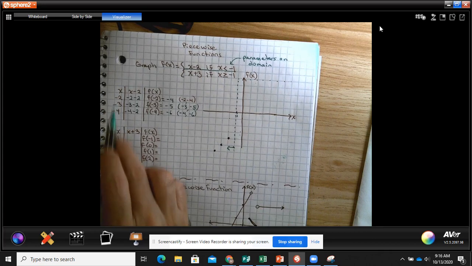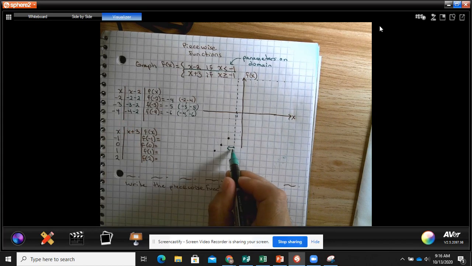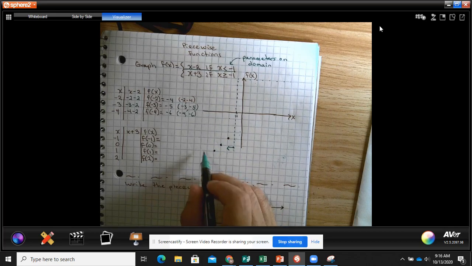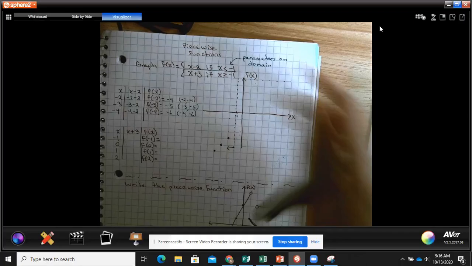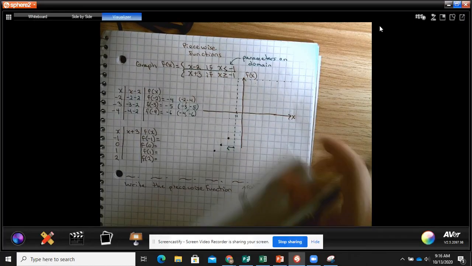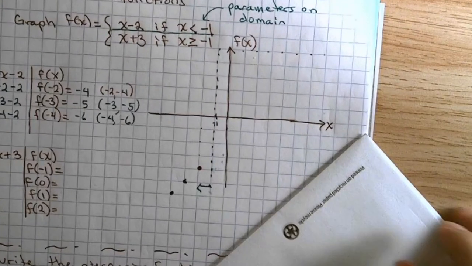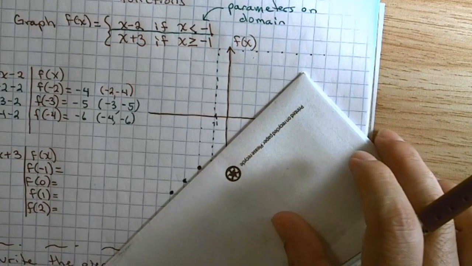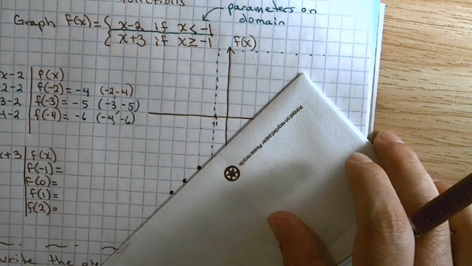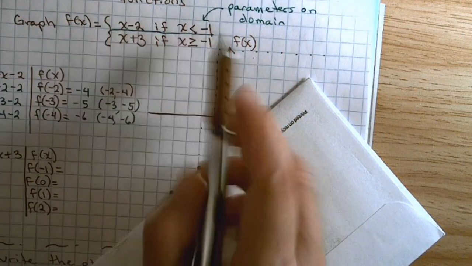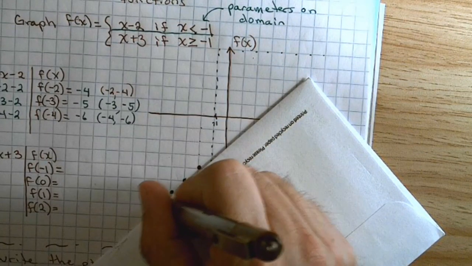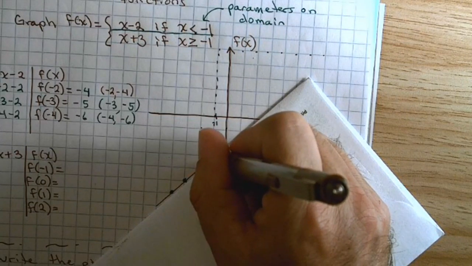What values could I have chosen? I could have even chosen fractions. You could have chosen any value for x, just as long as your x values are less than -1, not including -1. I say that because, as I do this graph right here, now I will graph the first piece of the piecewise function by connecting the points.